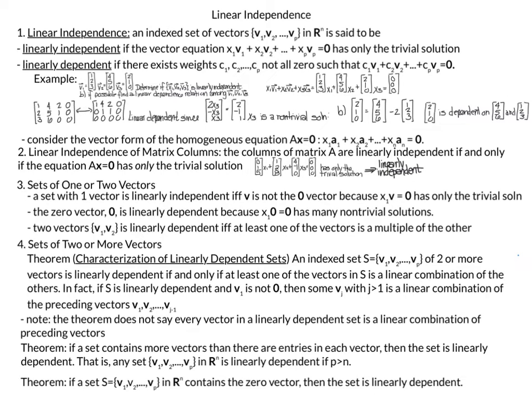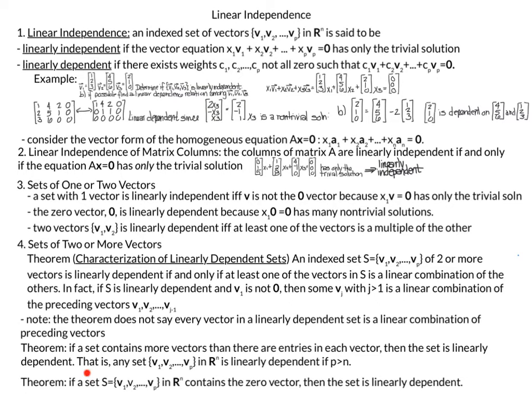In fact, if S is linearly dependent and v1 is not 0, then some vj with j greater than 1 is a linear combination of the preceding vectors, v1 up to vj minus 1. With this idea, we know that if vectors are dependent, then one of the vectors can be made from the other remaining vectors.